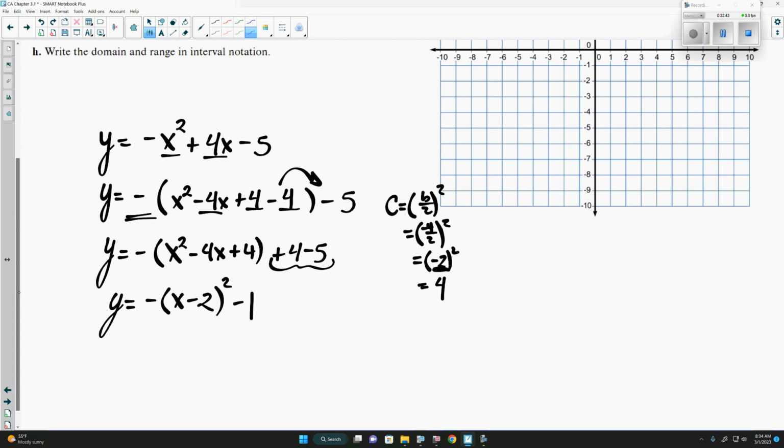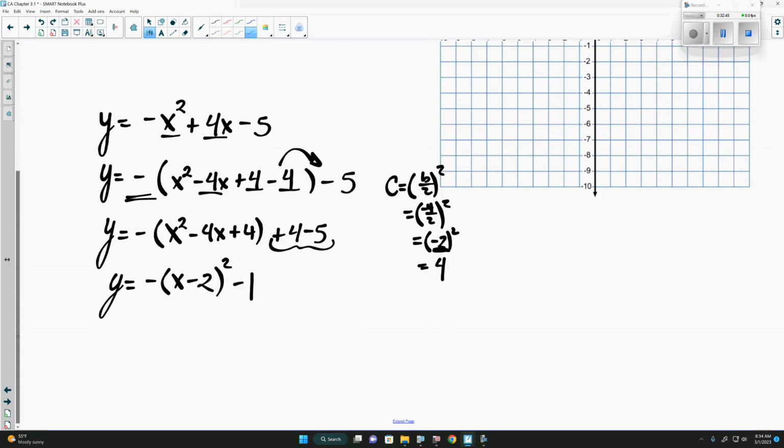So we have it in vertex form, which tells us the vertex is from here and here. Since it's negative inside, it comes out as positive, and the y stays negative. So the vertex for this is 2, negative 1.